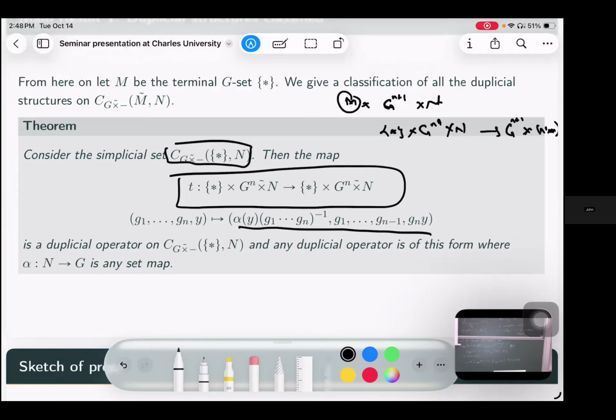Here, this alpha is a map going from N to G. This is any set map. And we claim that this is a classification of all the differential structures formed from the nerve of a group.